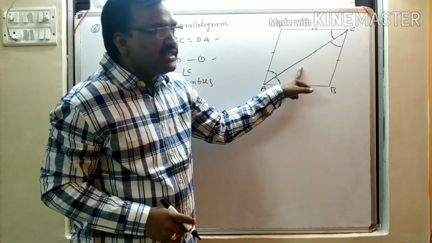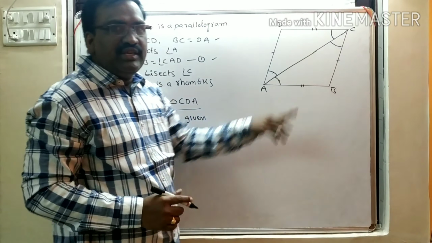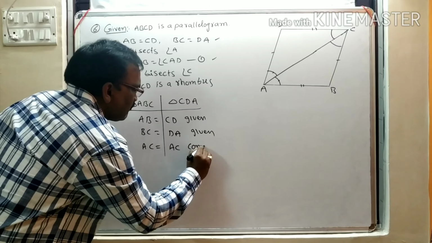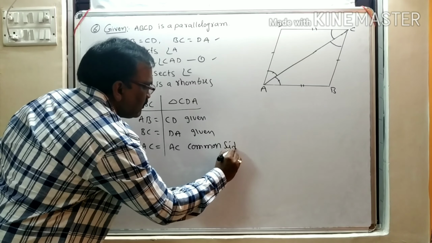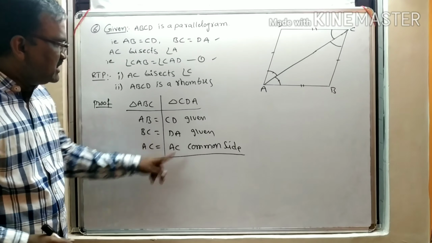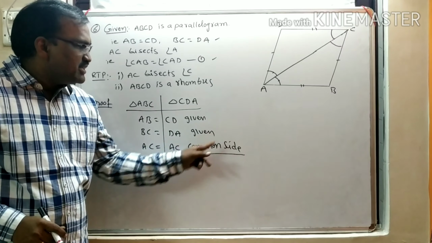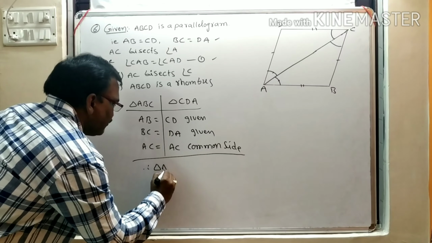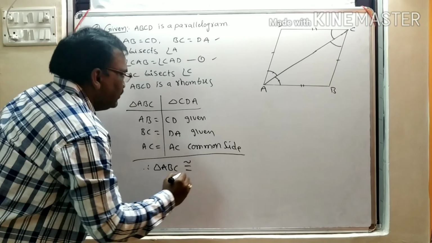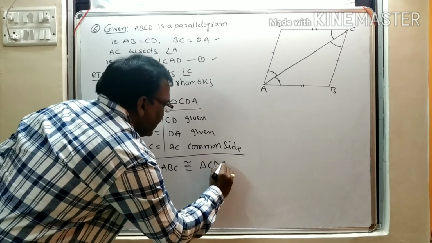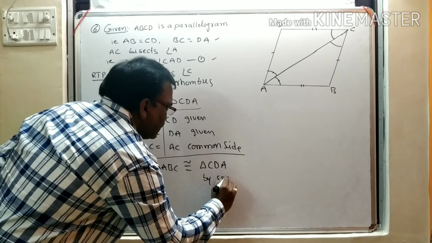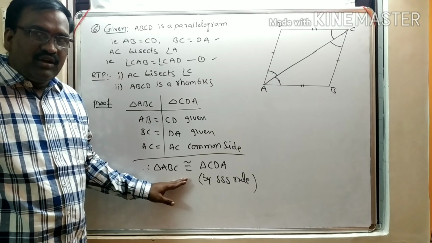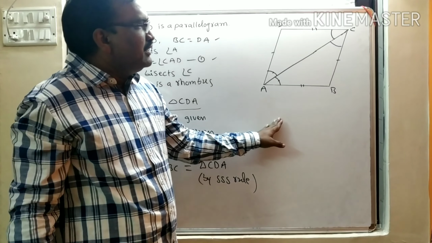Next, AC is the common side in both the triangles, so AC is equal to AC. This is a side, this is a side, this is a side. By SSS congruency, triangle ABC is congruent to triangle CDA. Once the triangles are congruent, their corresponding parts are equal.